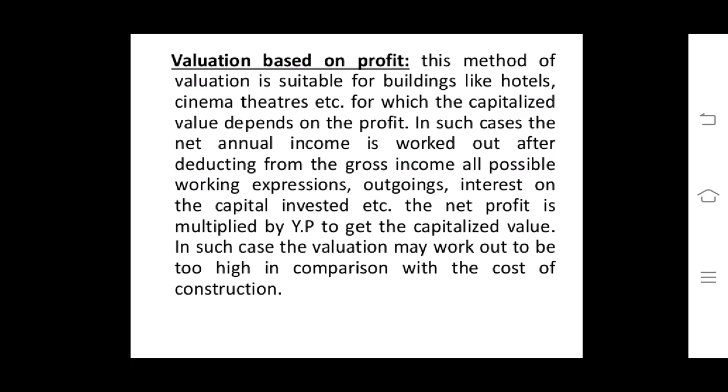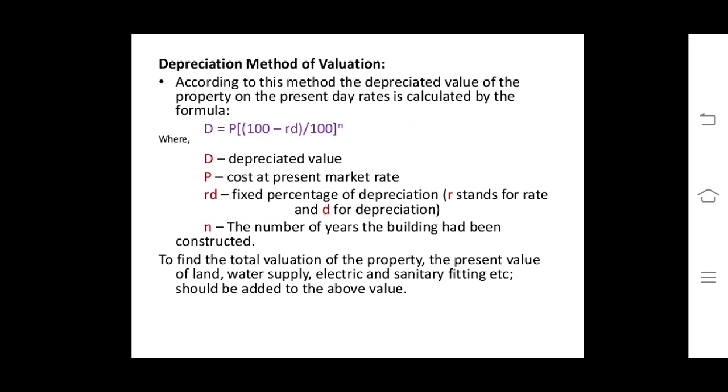In such cases, net annual income is worked out after deducting from the gross income all possible working expenses, outgoings, interest on the capital investment, etc. The net profit is multiplied by year's purchase to get the capitalized value. In such case, the valuation may work out to be too high in comparison with cost of construction.